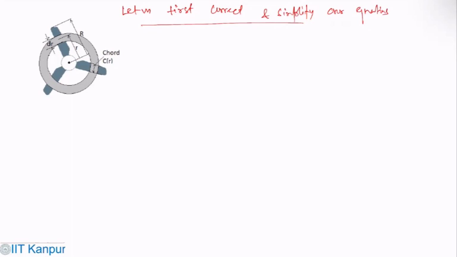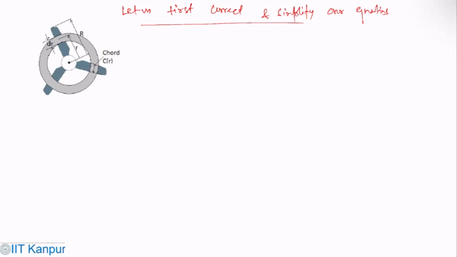Okay, so let us try to do that. So again, we get back to this particular picture so that I try to make things more visible in a fashion that you can follow.